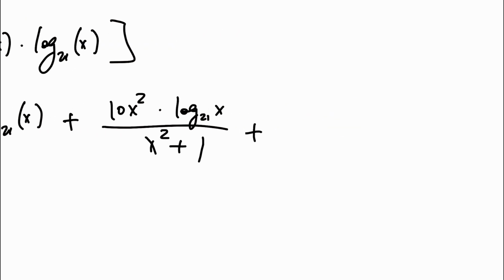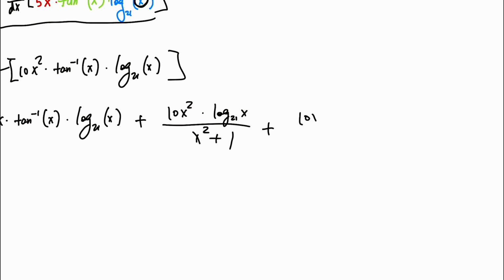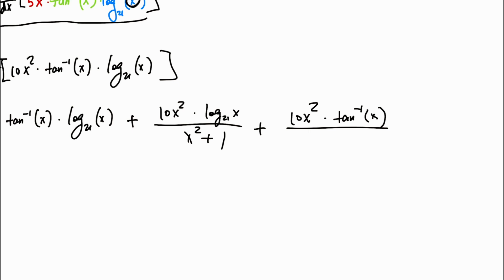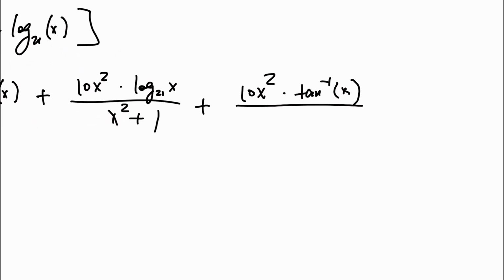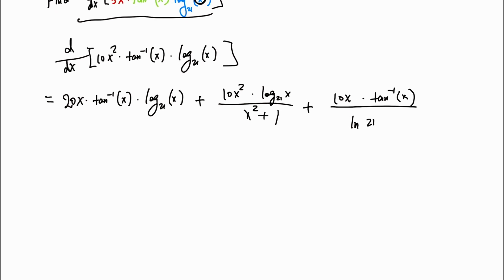And we need to add at the end 10x squared times the inverse tangent of x over this log of 21 of x, and that would just simply be ln of 21 times x. And obviously we can cancel this squared out, and this is what we have.